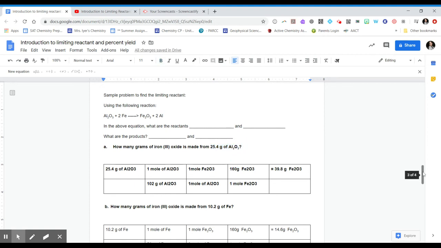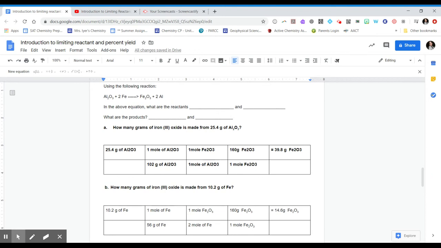So now when we set up, you're going to do a mass to mass conversion beginning with what is given, which is your aluminum oxide, and you want to find out the product, which is iron oxide. So you begin with what's given, you set up a molar mass conversion for the grams, and then a mole ratio because I have 1 mole of iron oxide to 1 mole of aluminum oxide.